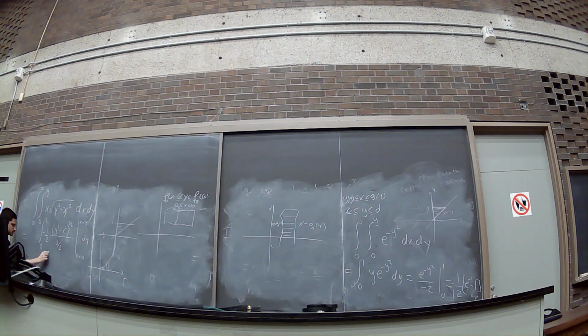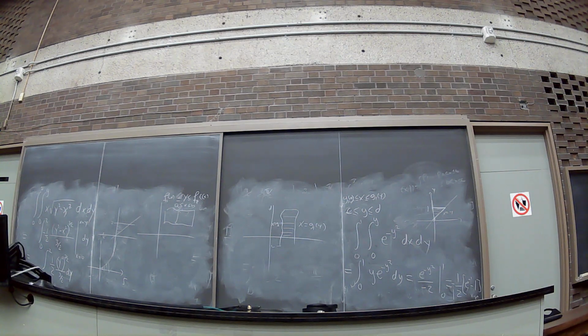So what do you get? Integral from 0 to 2. This is 0, right? And then you get minus y squared, so it becomes plus with this one. So you get 1 half, y squared to the 3 halves over 3 halves, dy. So you get the integral of y cubed over 3. What is the integral of y cubed over 3?